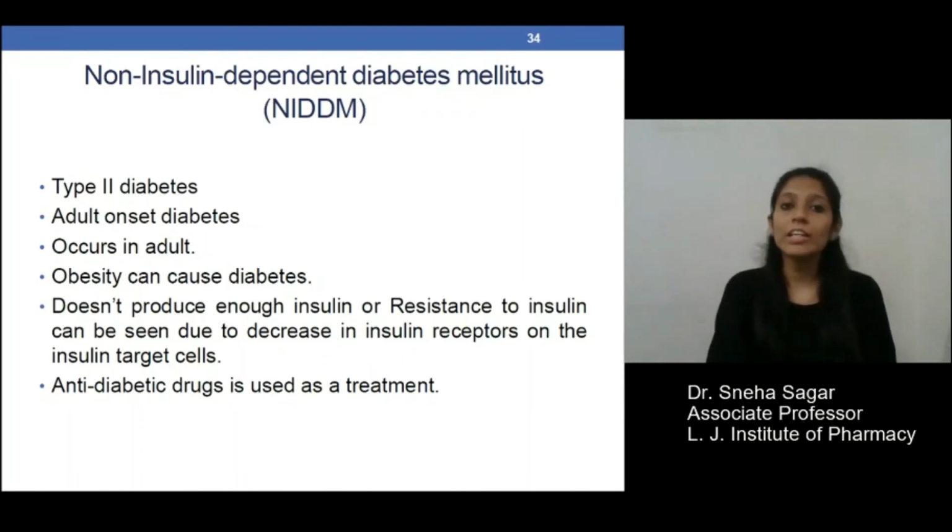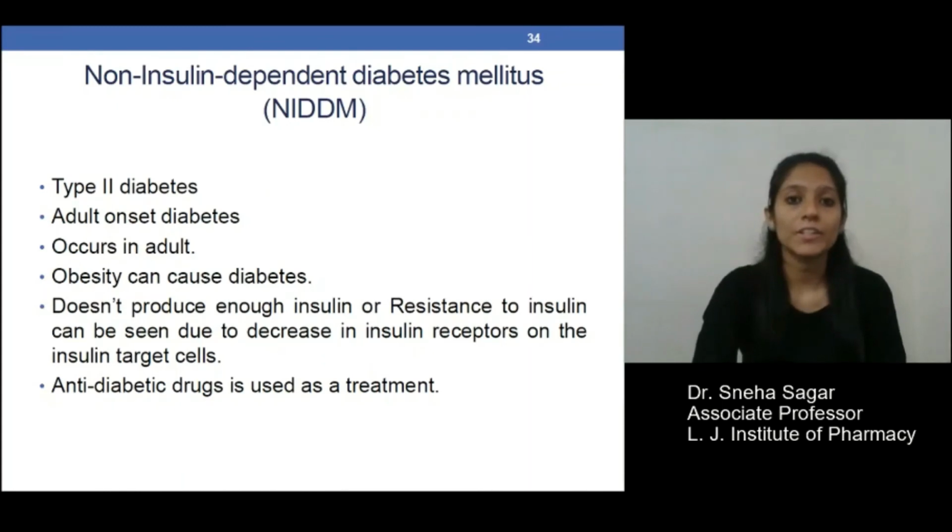In this diabetes, insulin is present but its amount is not sufficient to decrease the hyperglycemia, meaning the patient has resistance to insulin or the body doesn't produce enough insulin. Anti-diabetic drugs are used for the treatment of non-insulin dependent diabetes mellitus. So this is about diabetes mellitus, which occurs due to imbalance in hormonal secretion.